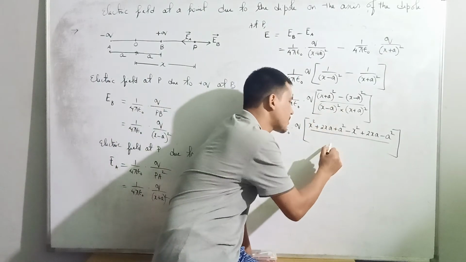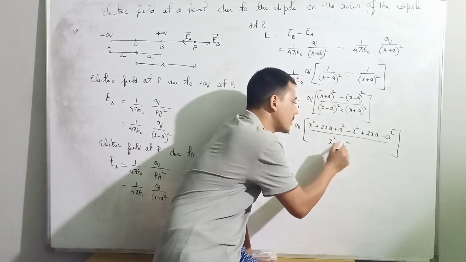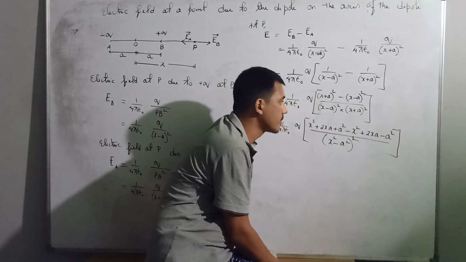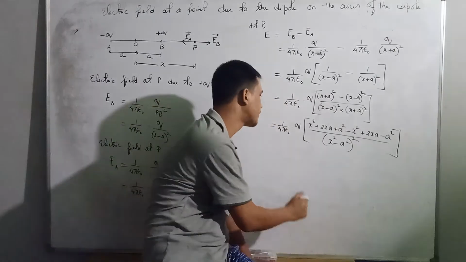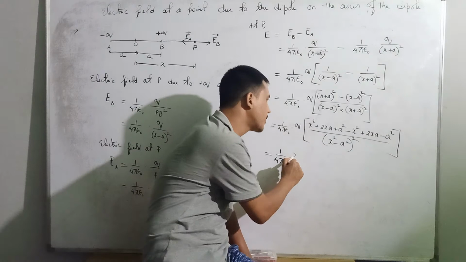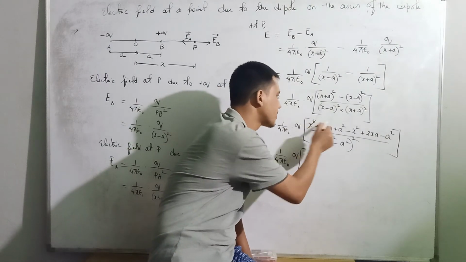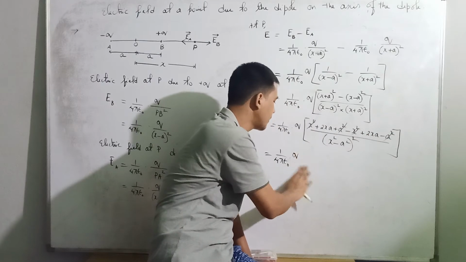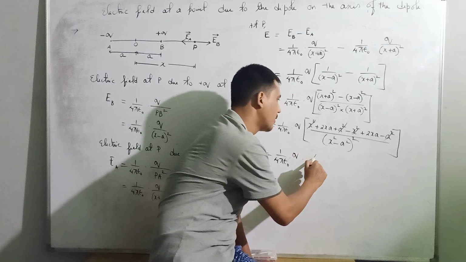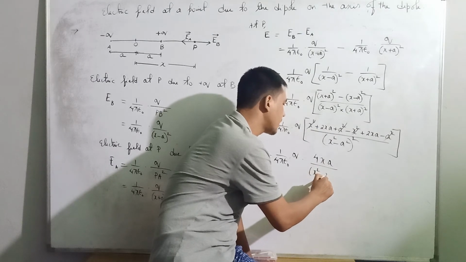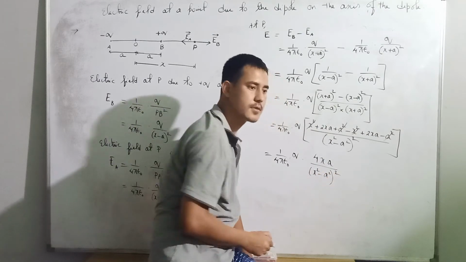X minus A times x plus A is x square minus A square, and then whole square. So 1 by 4 pi epsilon naught into Q. I need not write a bracket anymore. 4xA upon x square minus A square whole square.